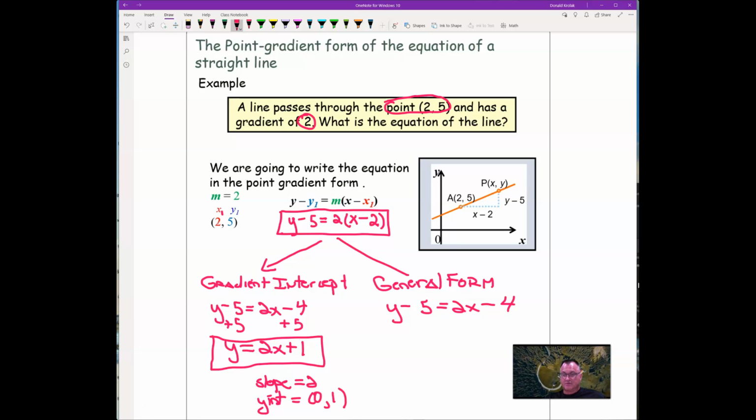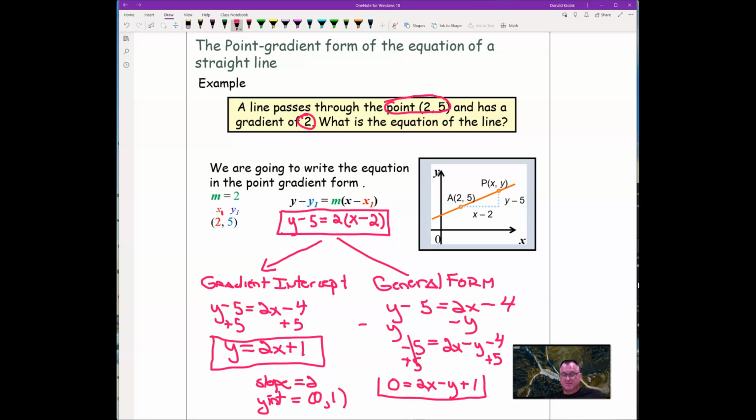So I'm going to move everything to the right. So minus y, so I get negative 5. Okay, add 5. And I get 0 equals 2x minus y plus 1, and there it is in general form.